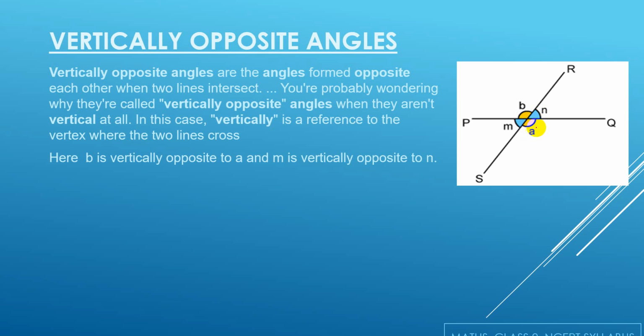Now, don't go by the literal meaning of vertical. It doesn't mean that we are talking about some vertical angles. By vertically, we mean on the vertex. So, opposite angles formed on the vertex are the vertically opposite angles.